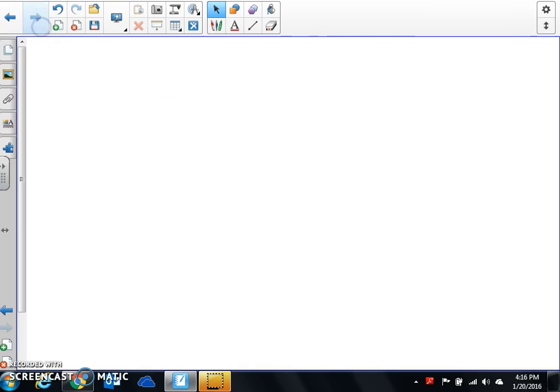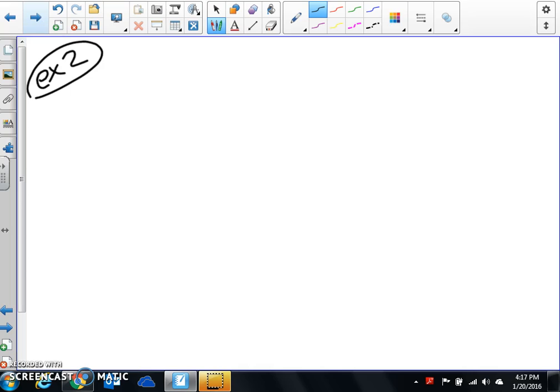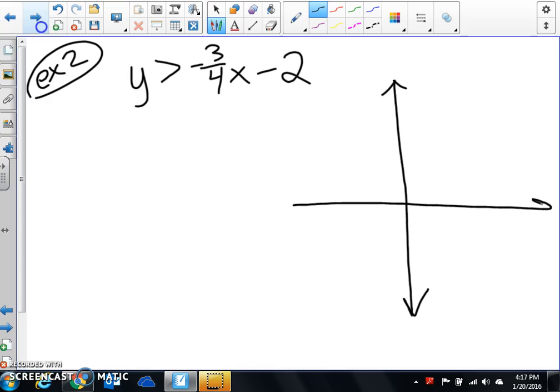Here's the next one. Y is less than negative 3/4 x minus 2. Okay, draw your coordinate grid real quick.